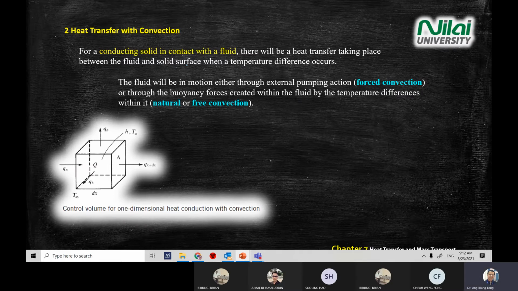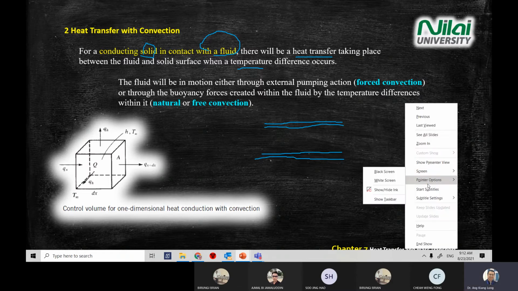What happens if you have conduction happening between solid and fluid? Then heat transfer will happen and the temperature will be different. This happens in most cases. So what does it mean? Let's say you have a pipe in blue color.